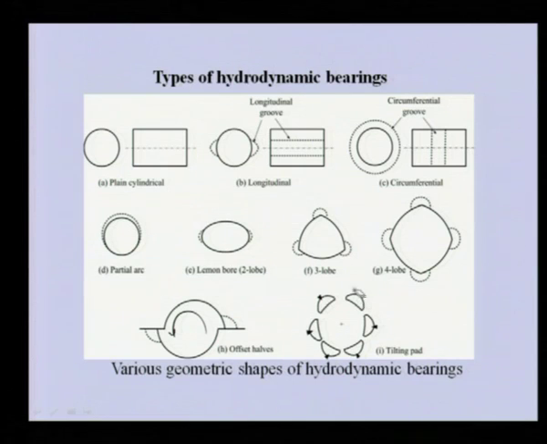You can see that these are the pads which can tilt about their pivoting point, and the journal rotates here. So depending upon the requirement, these pads can take different orientations, and this is the most stable. So the highest stability of the rotor system will be there with the tilting pad journal bearing.